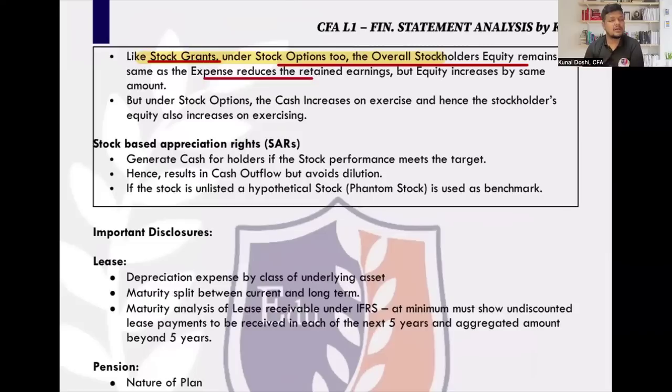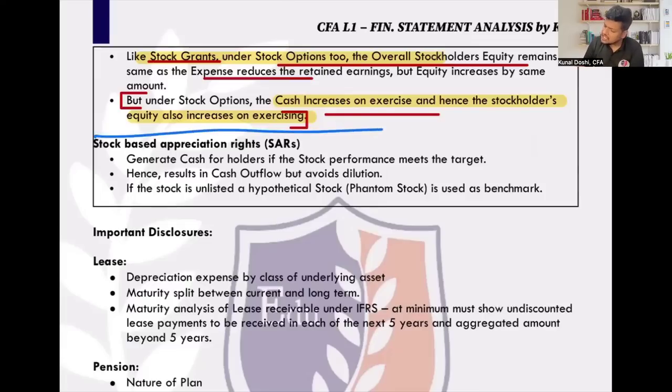But here, something very interesting happens under stock options: the cash of the company increases and the stockholders' equity will also increase if exercised. So if exercised, cash and equity both will increase under ESOPs. This doesn't happen in stock grants. Got it, everyone?